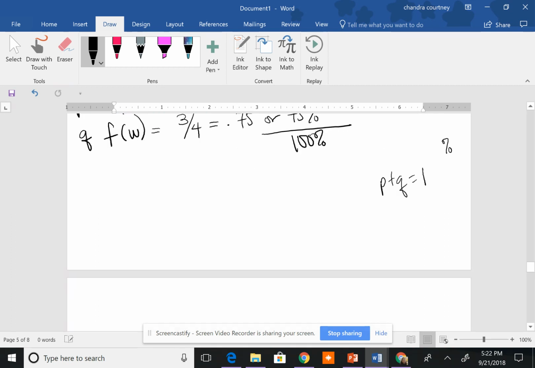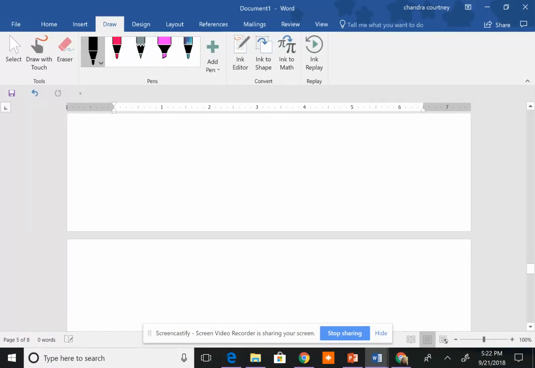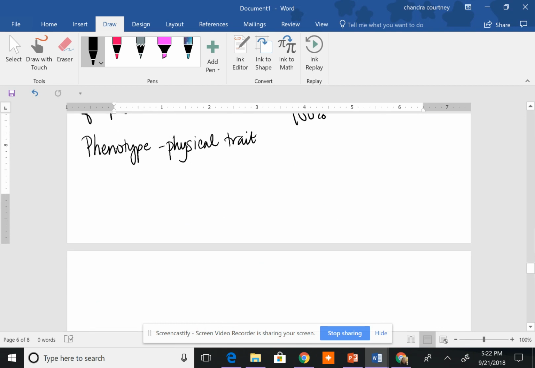Now, we can also talk about the phenotype frequencies. Remember, your phenotype is your physical trait, or physical characteristic. It's what's expressed or shown. For your phenotype frequency, you have to consider the number of times that trait is shown.